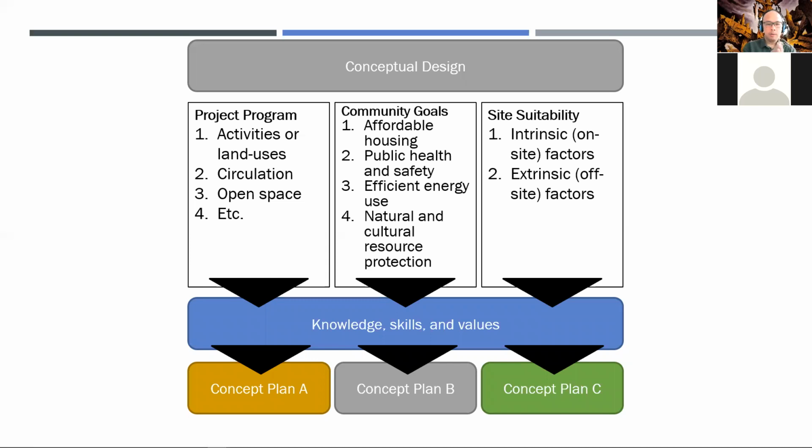And when you're formulating this conceptual design, there are a few approaches, but generally, as a rule of thumb, you would either design with nature or design with culture or design for people, or it could be a combination of any of those three.